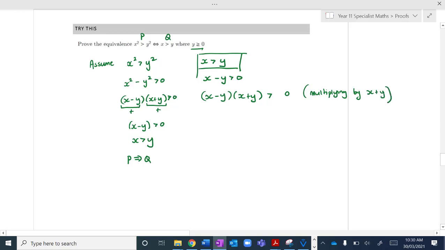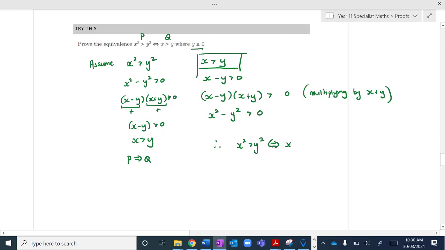As you can see, that's going to give me x squared minus y squared, if I expand, is greater than 0, which means that we can say x squared greater than y squared if and only if x is greater than y.